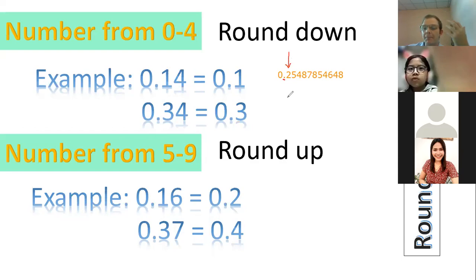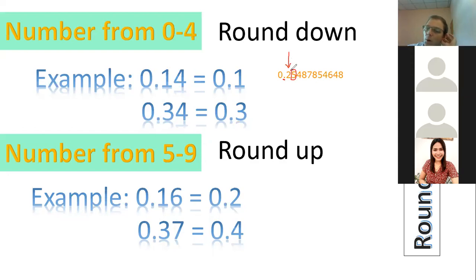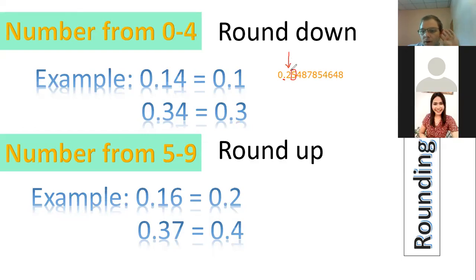For that to happen, we look at the next one, the one next to it. Here, what is this number here? What is that number? 5. Number 5.